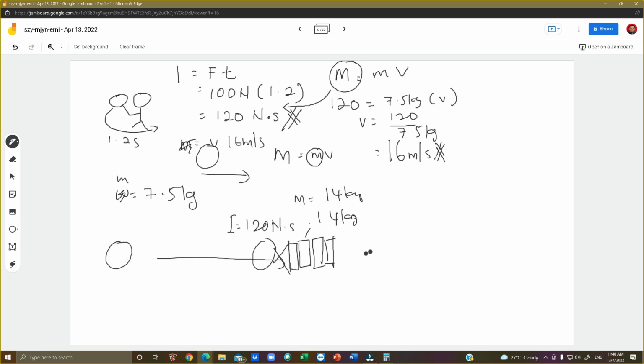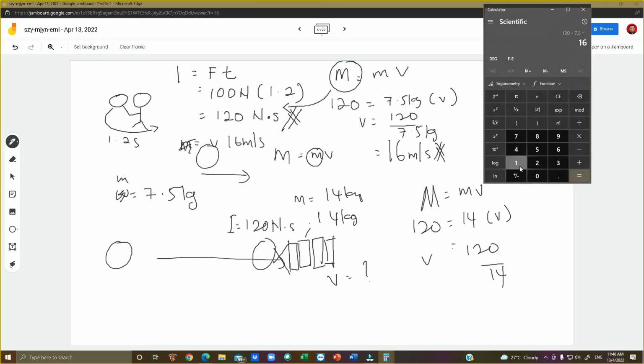So, my question is, what is the new V for the complex? Kita boleh kira pakai benda yang sama. Momentum equals mv, 120 equals 14 V. So, V equals 120 over 14.